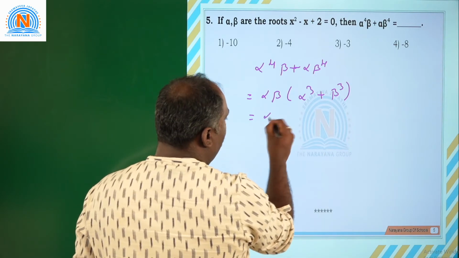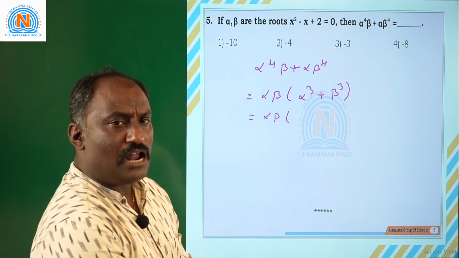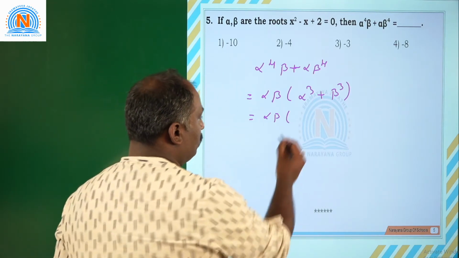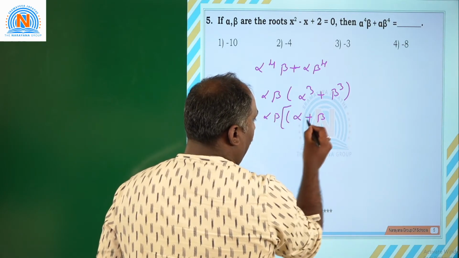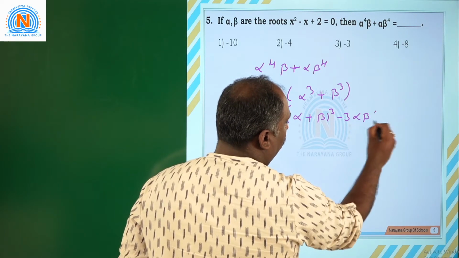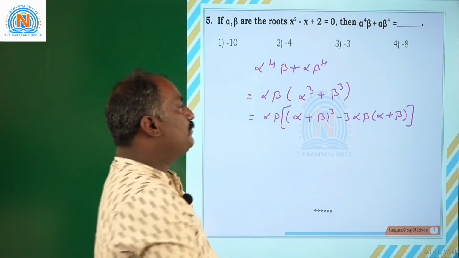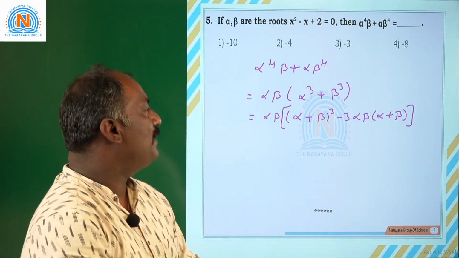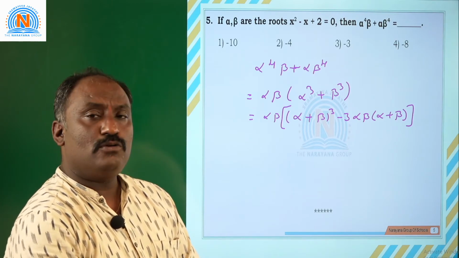So alpha beta into alpha cube plus beta cube. We know that a plus b whole cube is a cube plus b cube plus 3ab into a plus b.